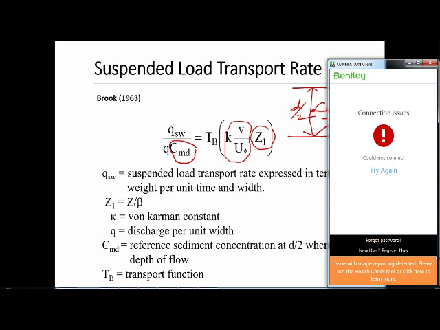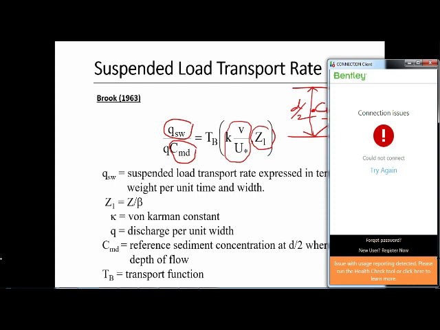Okay, so what we want to find here in this equation is this Q_sw, or the suspended load transport rate by unit weight.